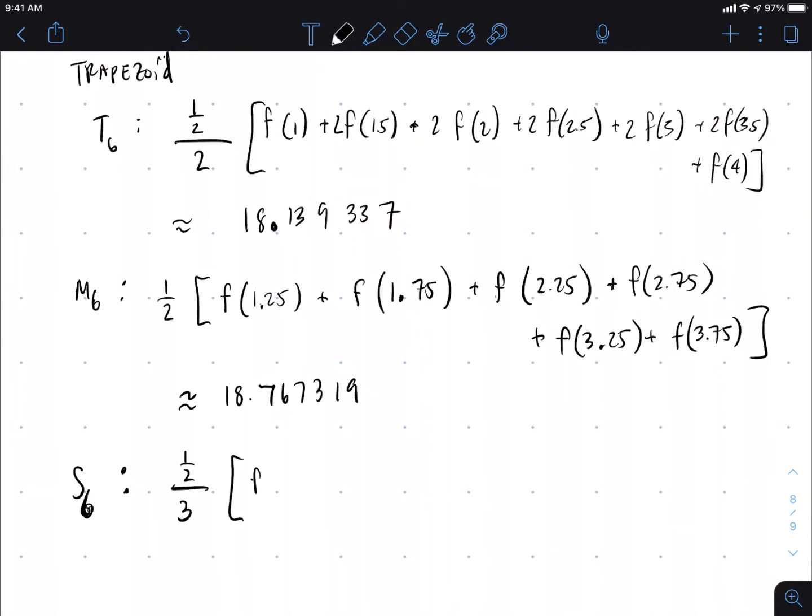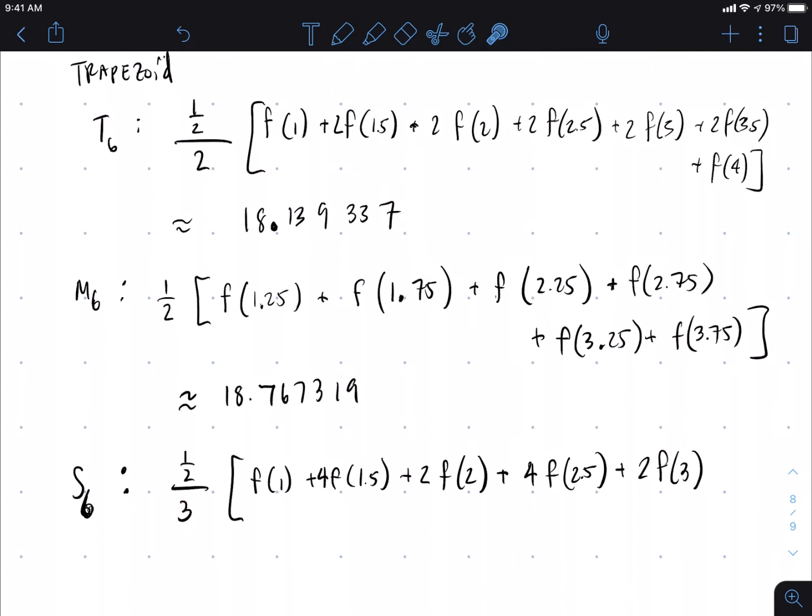And then we just simply go f of 1 plus f of 1.5. But remember, we have to alternate our values, 4, 2, 4, 2, right? That over 3 is fixed, right? It's part of the rule. Correct. Yeah, this is fixed for Simpsons.